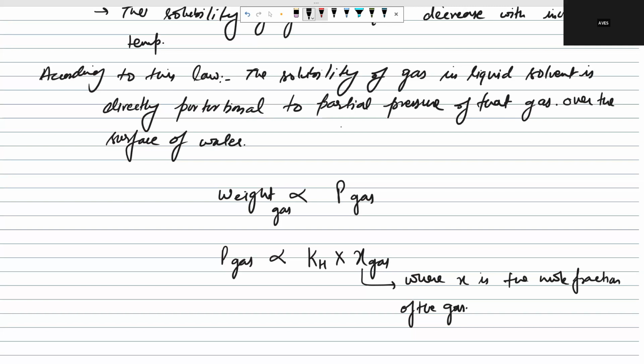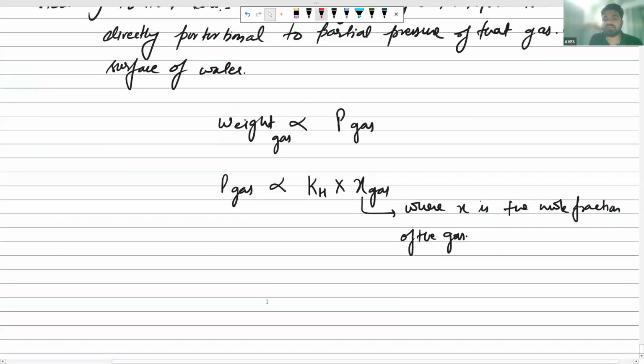It simply says that the amount of gas that you are dissolving in the liquid is directly proportional to the pressure of the gas applied over the liquid. Now this is the Kh value, Henry's constant.